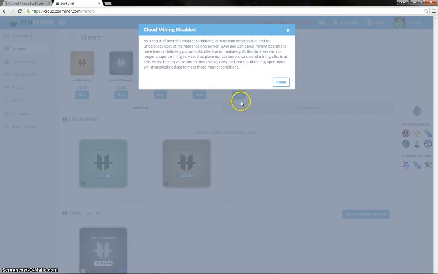So I clicked on it and a box appeared, and basically it said the following: as a result of unstable market conditions, diminishing Bitcoin value and the unbalanced cost of maintenance and power, Gaw and Zen Cloud mining operations have been indefinitely put on hold, effective immediately. At this time, we can no longer support mining services that place our customers' value and mining efforts at risk.